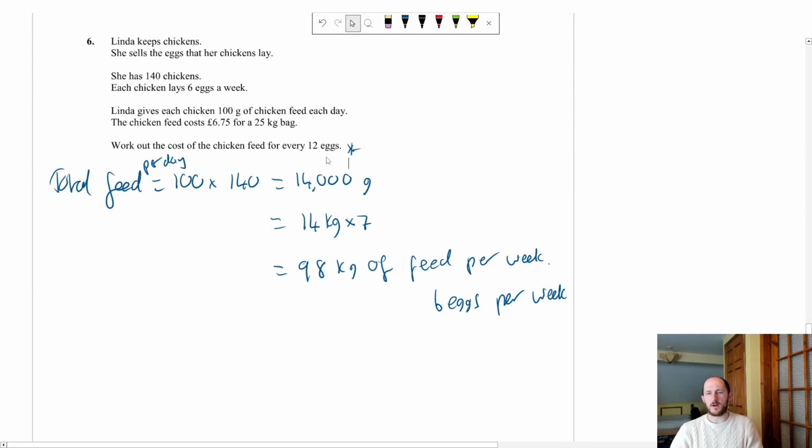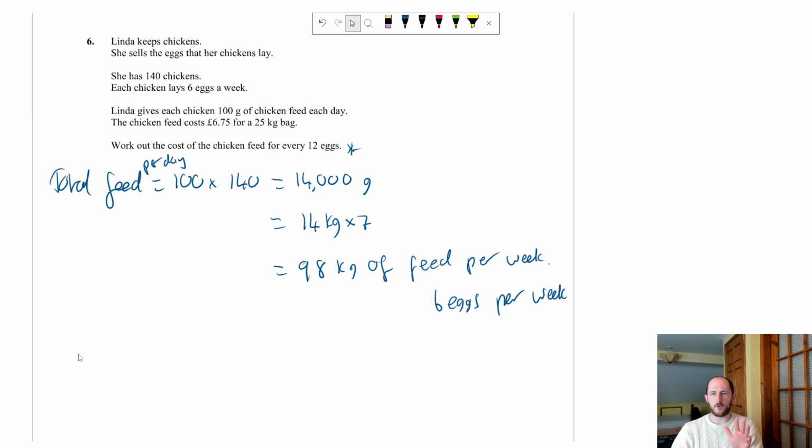Okay, now for every 12 eggs. Well, what I would do here is I would then work out the cost for this 98 kilograms per week. So it's £6.75 for each bag. So she's going to need 4 bags, right? Because 25, 50, 75, 100. She needs 100 kilos because she only has 98 kilograms.